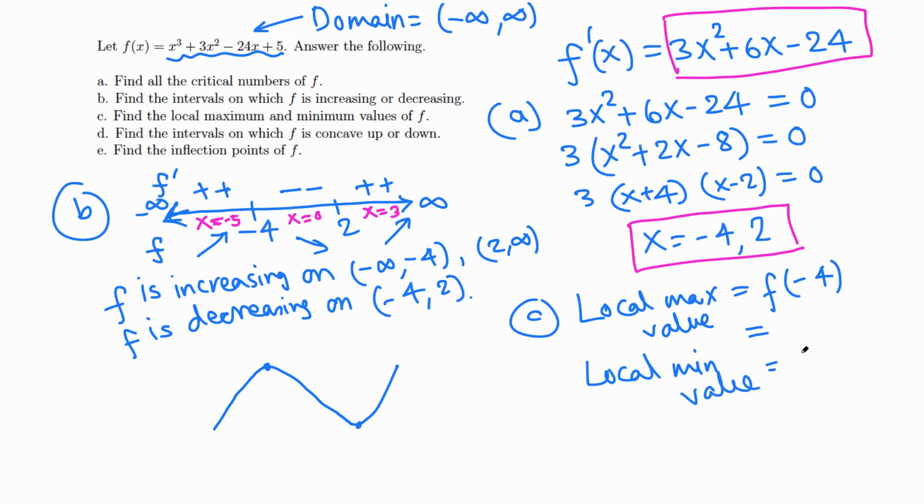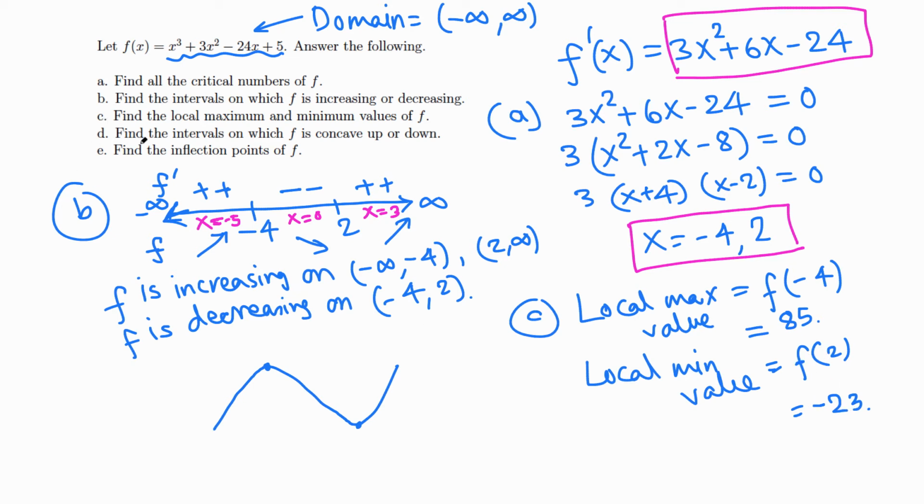Evaluate the function at 2, f at 2. This will be a number as well. I used a calculator to get the value of the function at negative 4, that's 85, and negative 23 at 2.